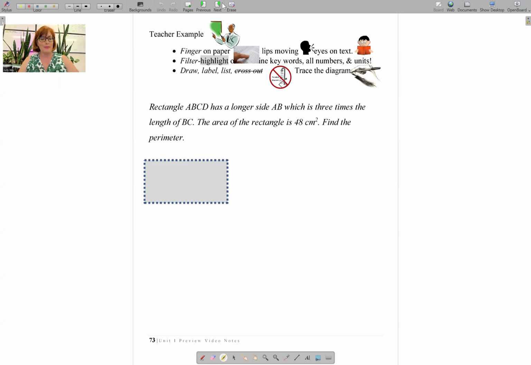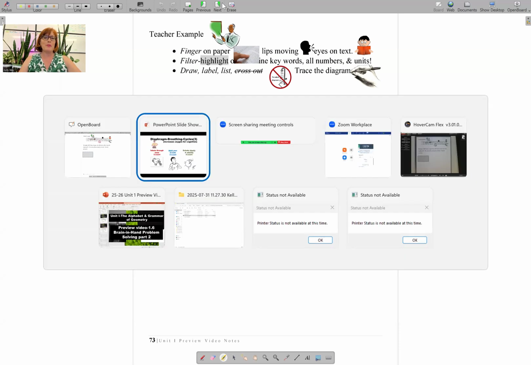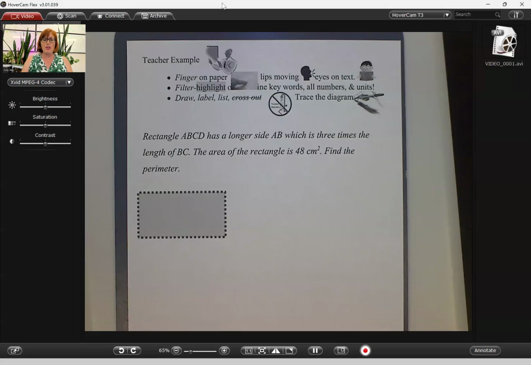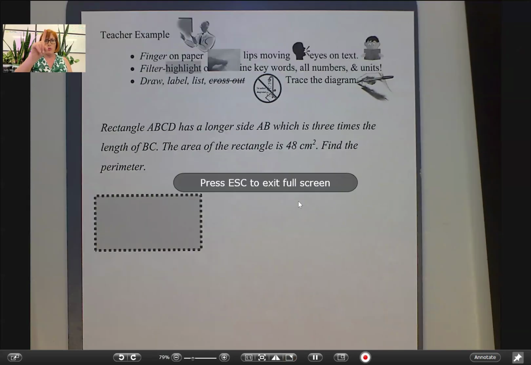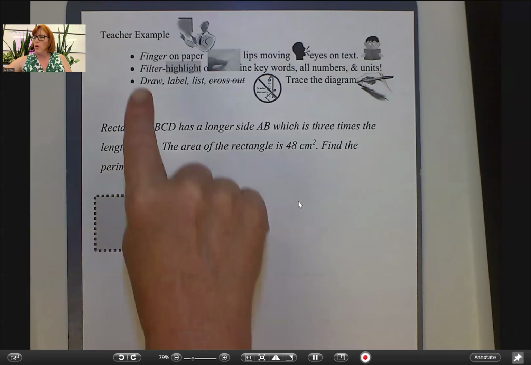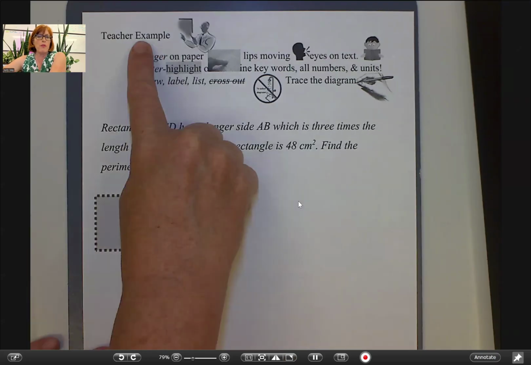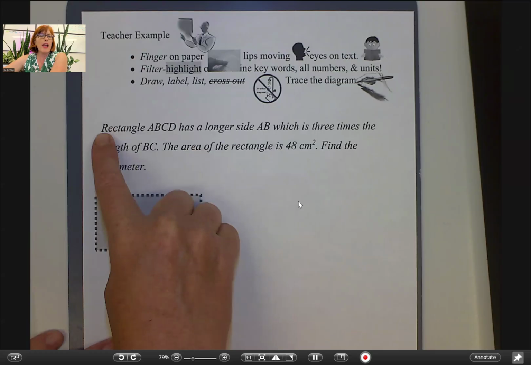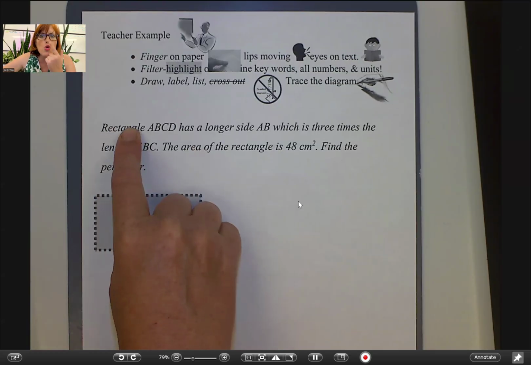I'm going to go through this process on paper with you. Step number one, you put your finger on the paper. As I track with my finger, I want you to have finger on your paper and out loud read.